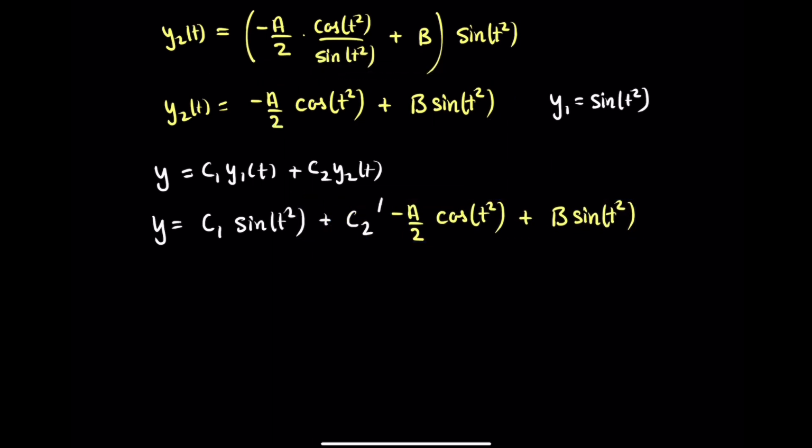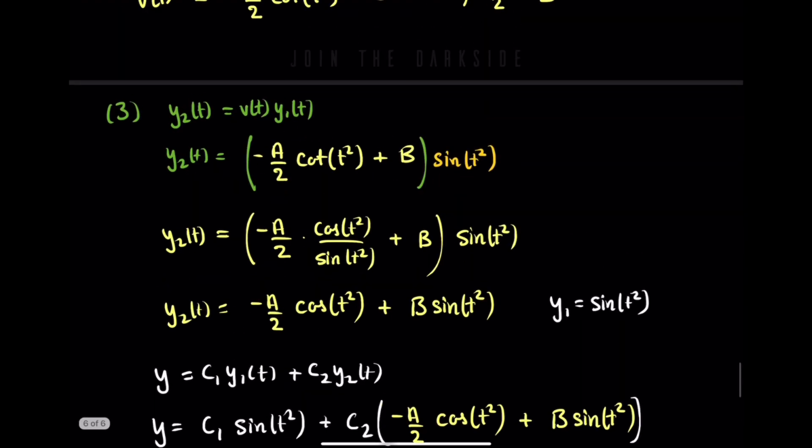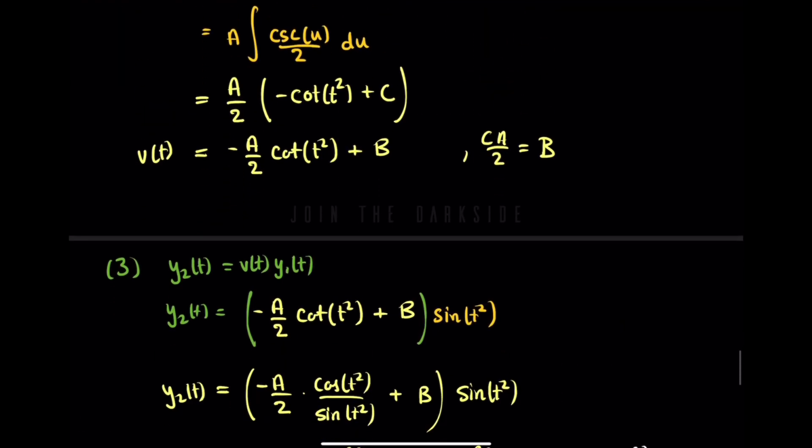Now this general solution is not wrong, but it's a little bit redundant, because notice how we have sine t squared here already. C1 is just some constant, and b is also just some constant, since c could be any constant, and we can just say a is 1.